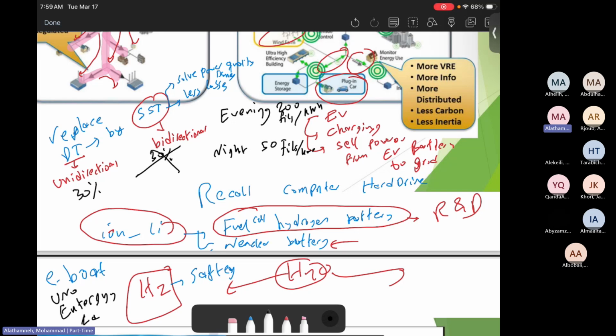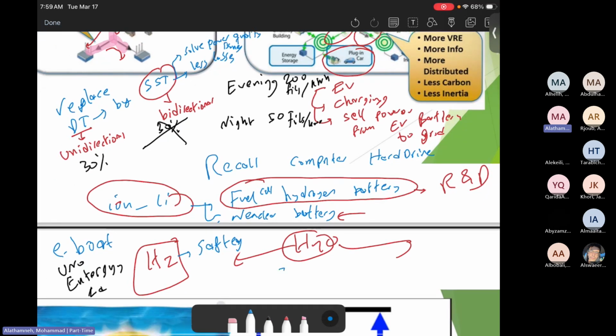But there is research going on in doing this in e-boats and also in electric planes, electric airplanes. In an electric airplane, hydrogen's energy density is very high and its weight is very low.